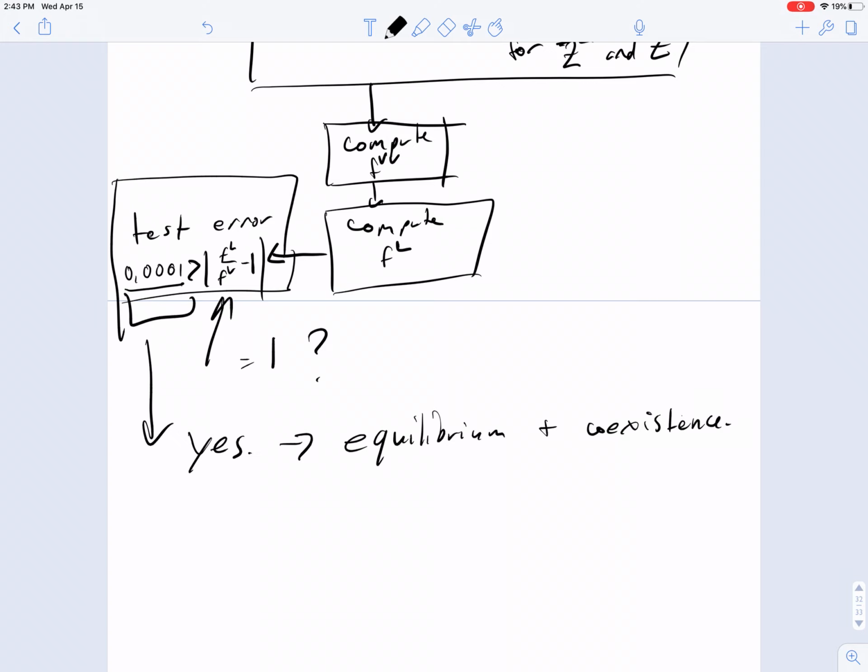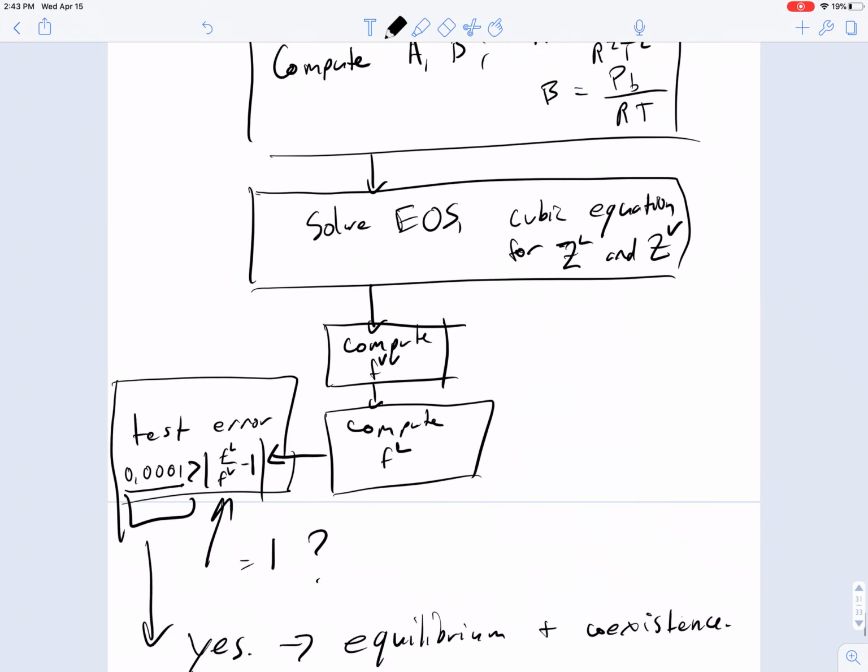If it's not, then you have to choose a new pressure to iterate on. Choose P new equals P old times FL over FV.